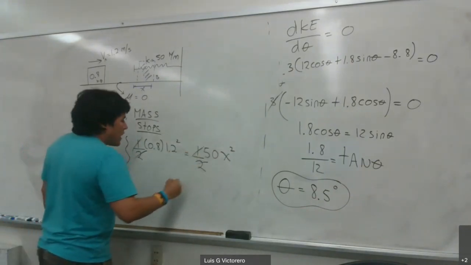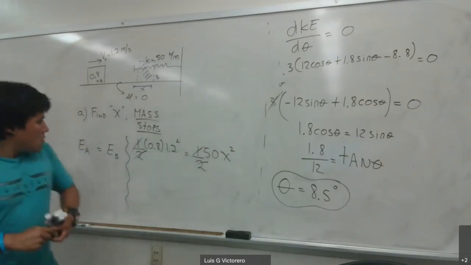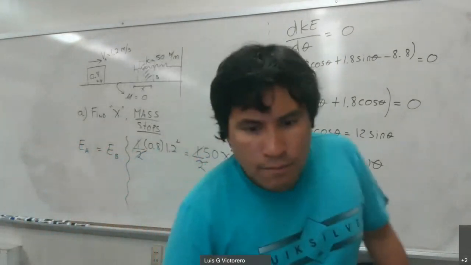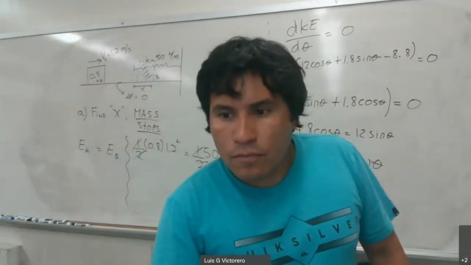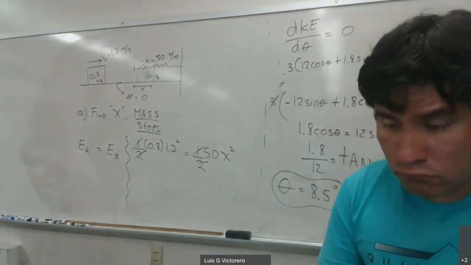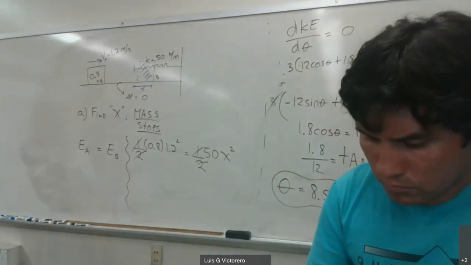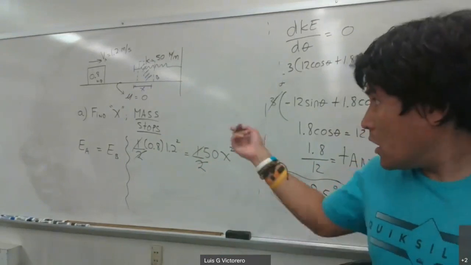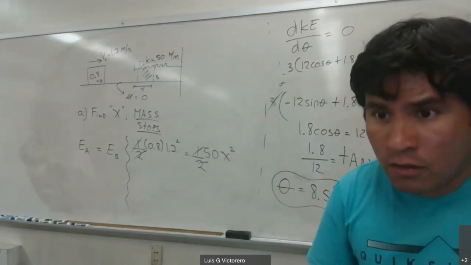This cancels, this cancels. We have 0.8 divided by 50.